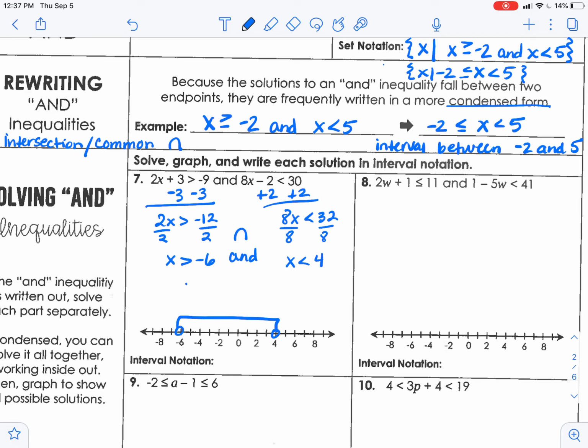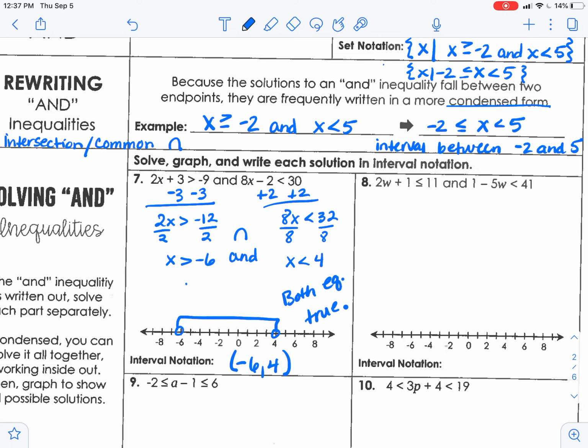So again, this makes both equations true. Interval notation, since they're both open, it's going to be a parenthesis at negative 6, 4 parenthesis at 4. Okay, so that is your ands.